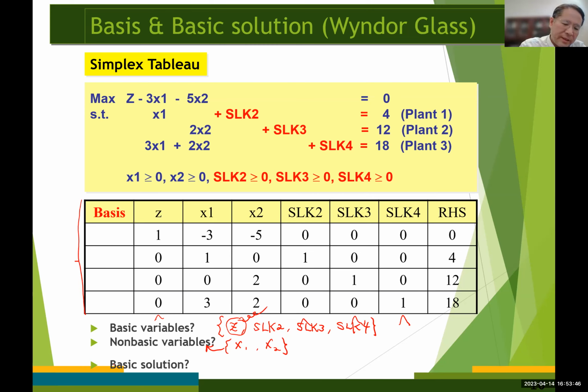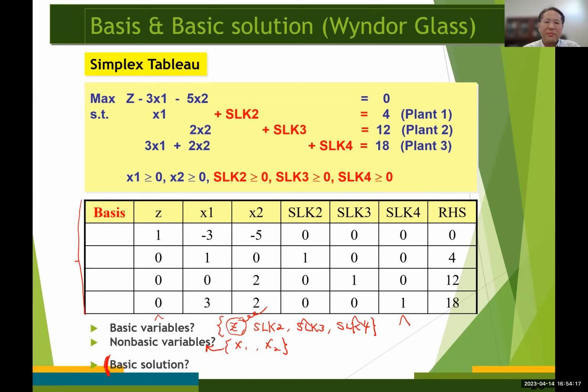The next concept is about the basic solution. I'm going to talk about that a little more later, but the basic solution can be obtained by setting the non-basic variables equal to 0 and solving for the basic variables.